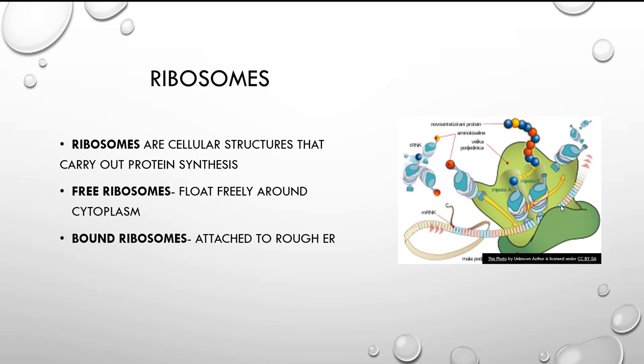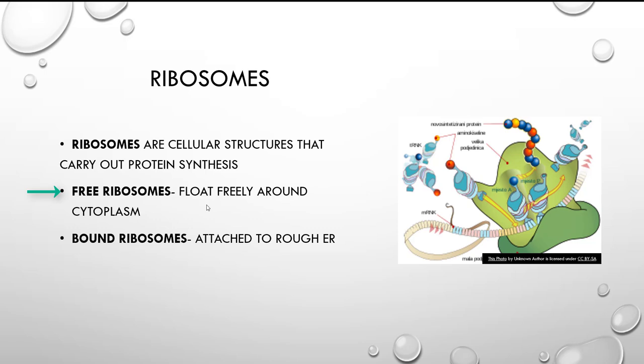Now we have two types of ribosomes. One we just talked about, the ribosomes attached to the rough ER. Those are the bound ribosomes. They're making the amino acid chains, the proteins, and those proteins get used for secretion out of the cell. Whereas free ribosomes are floating freely within the cytoplasm.